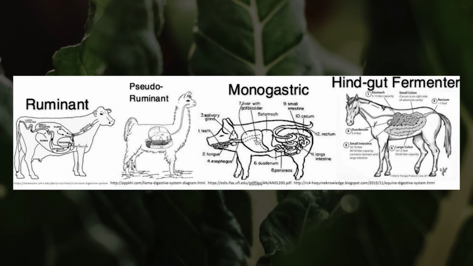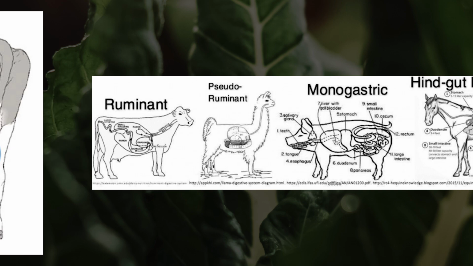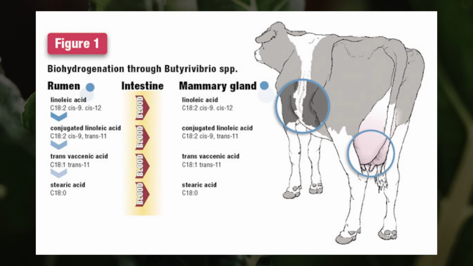A ruminant animal is an animal that has a rumen, also very simplistically, the 4 stomachs, one of them being the rumen. And in the rumen are bacteria that biohydrogenate. What they do is they essentially convert polyunsaturated fats into saturated fats. Monogastric animals cannot do that.